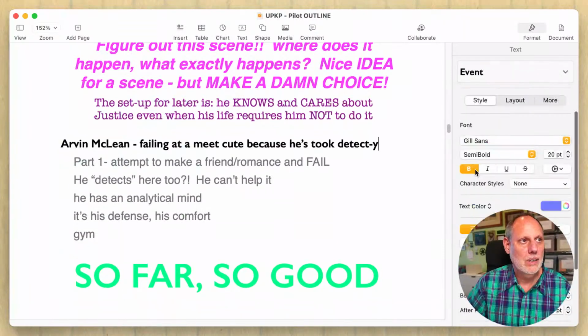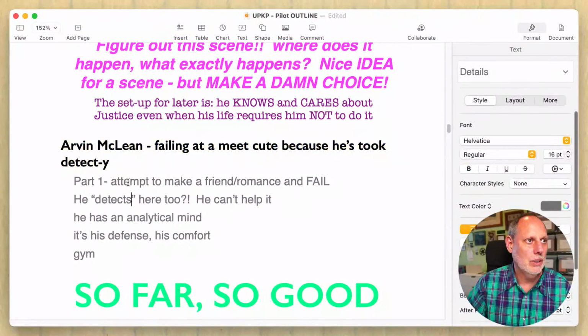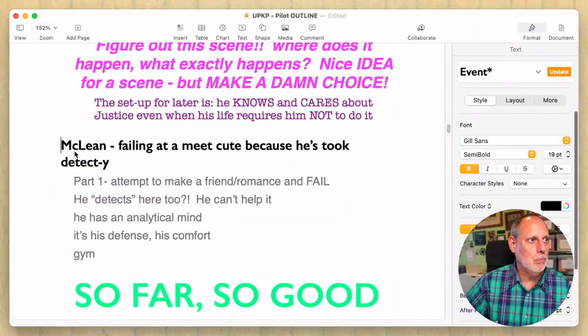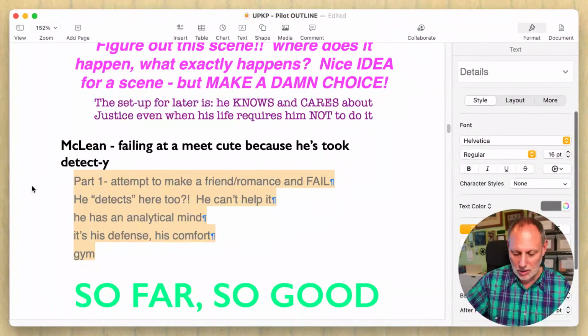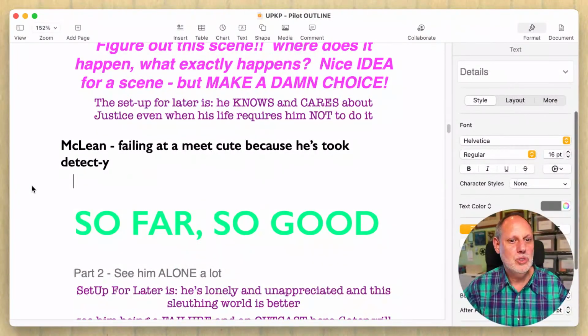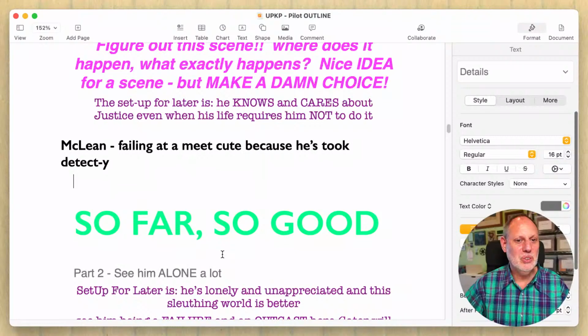So, oh, that's too small. Okay. Boom. And thus, so far, so good.